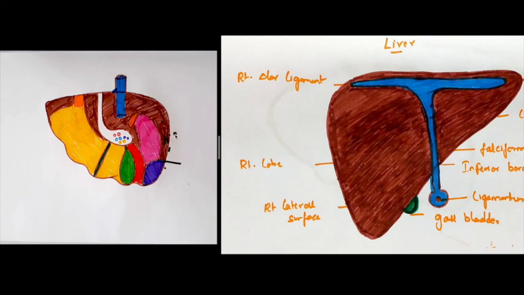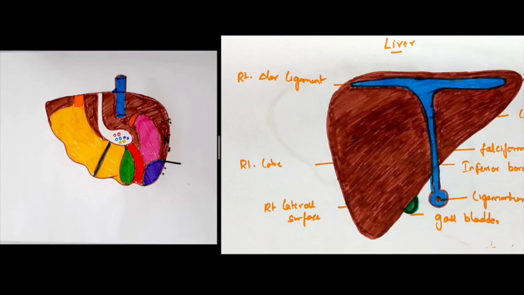Look here, this is the right lateral surface. The right lateral surface is quadrilateral in shape, and it is related to the 7th to 11th ribs, and it is covered by the diaphragm. At the level of the 10th rib, this diaphragm will separate the right lateral surface from the pleura of the lung.